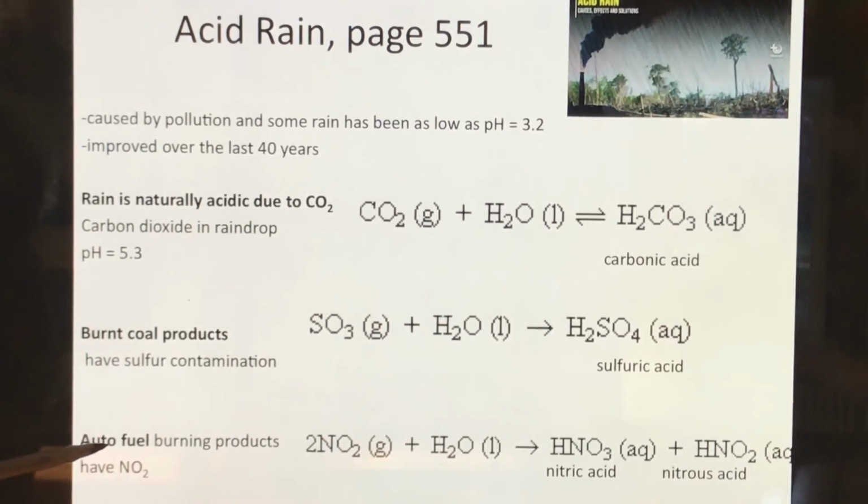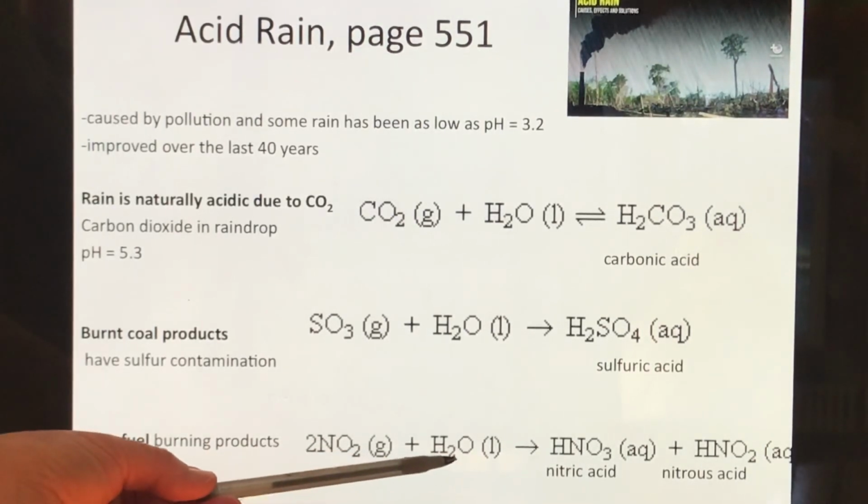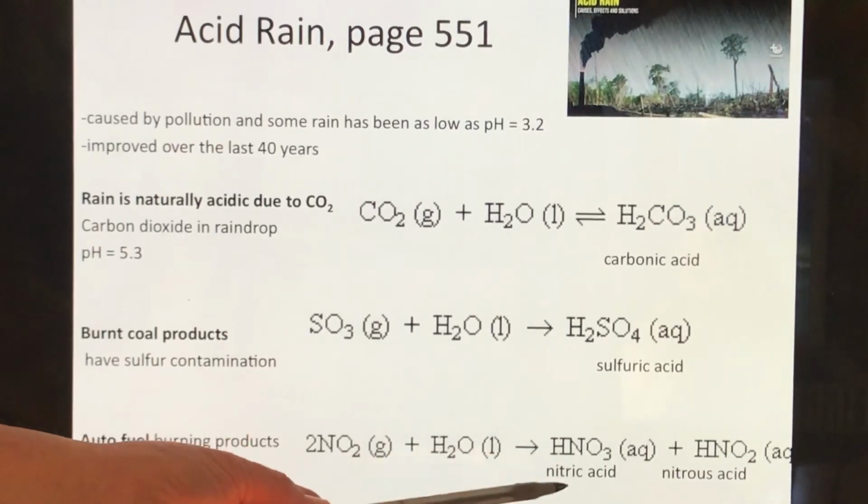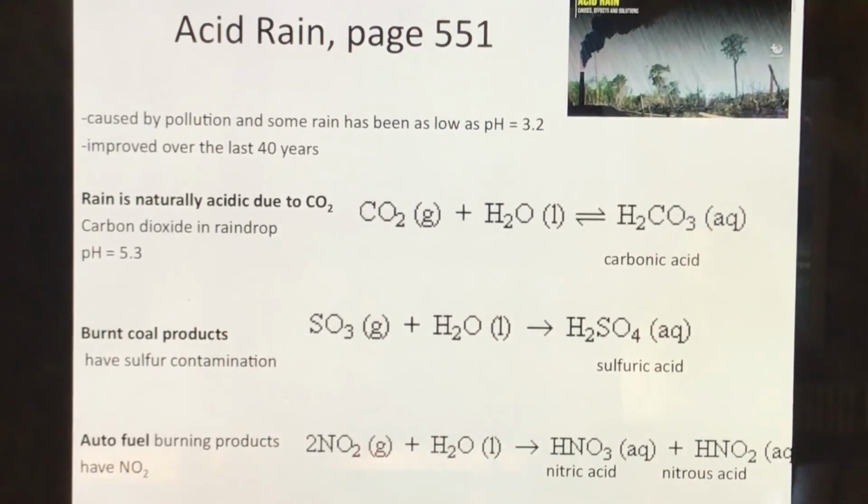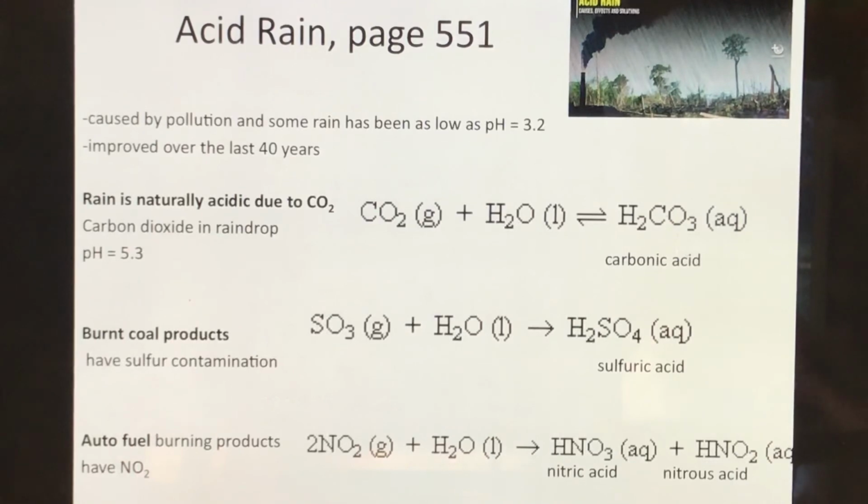And then automobiles and other gasoline burning engines will emit nitrogen dioxide, and when that combines with the rainwater, you can get nitric acid and nitrous acid forming in the rainwater. They just point out that that has occurred, but as I mentioned, it's definitely improved over the last 40 years. All right, that wraps up Module 15, and I will be posting some study guide answers as well.